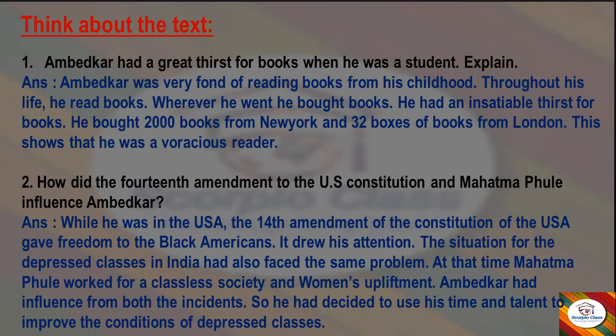Next question. How did the 14th Amendment to the US Constitution and Mahatma Phule influence Ambedkar? Answer. While he was in the USA, the 14th Amendment of the Constitution of the USA gave freedom to the black Americans. It drew his attention.